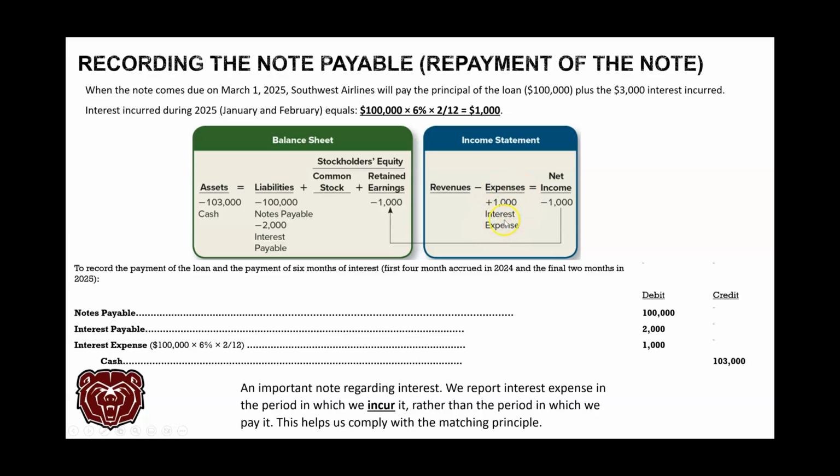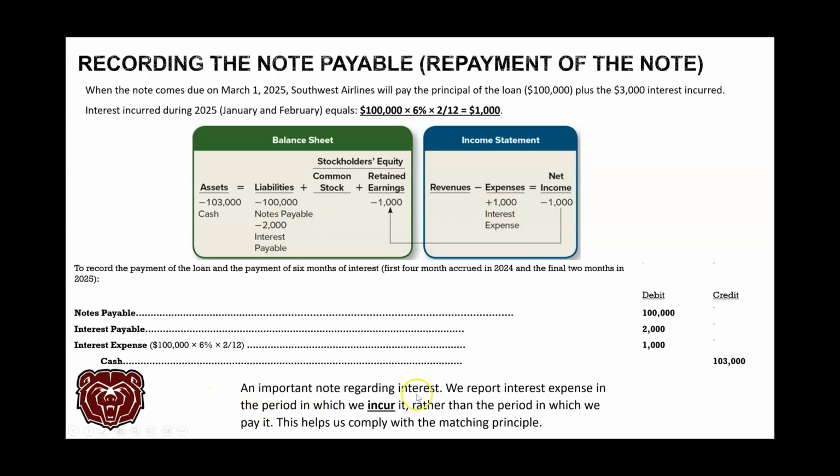We're going to increase our interest expense again by $1,000 because that's what it cost us for the 2 months that we had it in 2025. That increase to expense is going to decrease net income and decrease retained earnings. And then we are going to decrease our cash asset by $103,000. That's the total of $100,000 plus $2,000 plus $1,000, right?